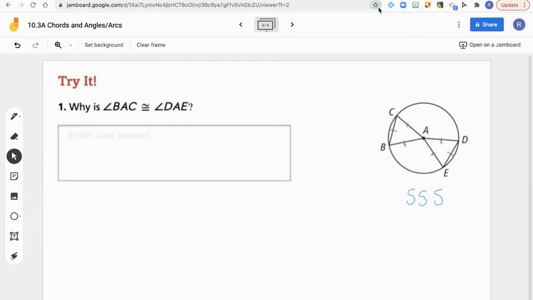Right, we know those lengths are all the same length, so the triangles are going to be exactly the same. Okay, so then we can know that those angles on the inside have to be the same as well. And so that is really the property that we're looking at, right?